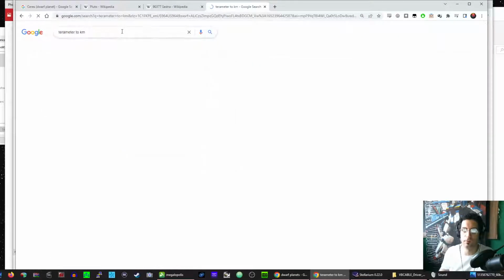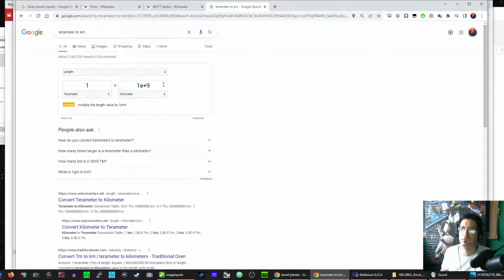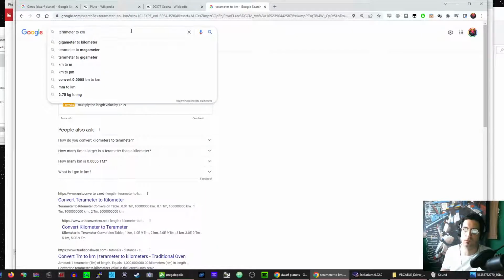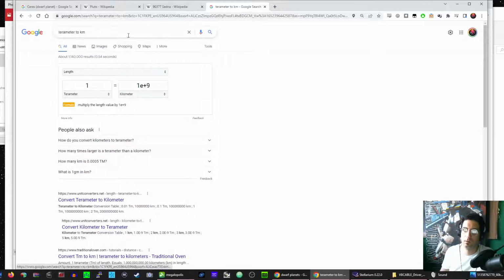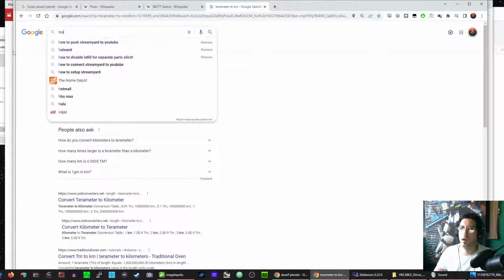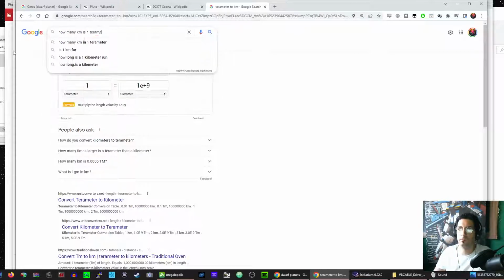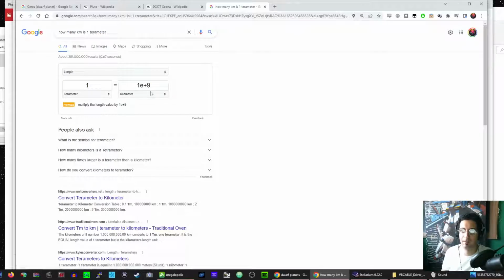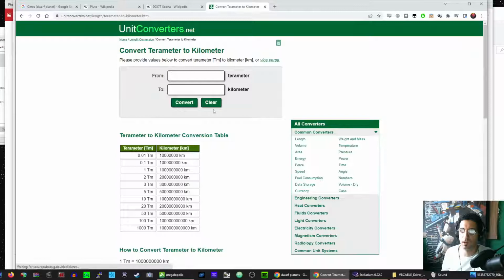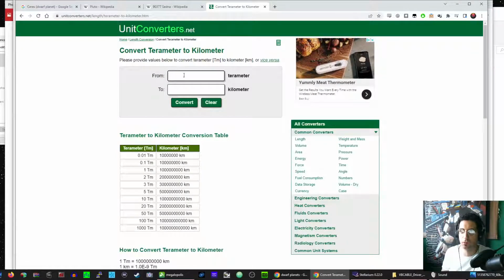Just give me a scientific notation. How many kilometers is 1 terameter? I don't want these stupid exponents. I need to know this in English.